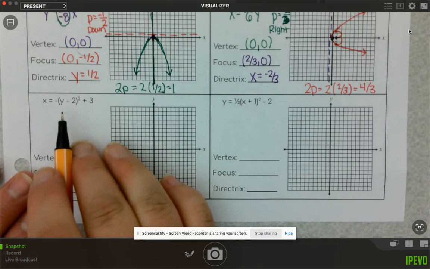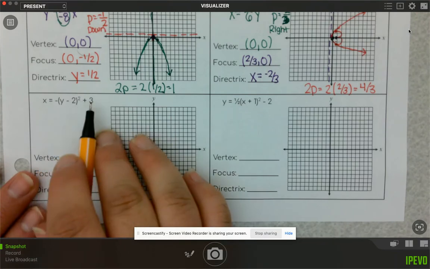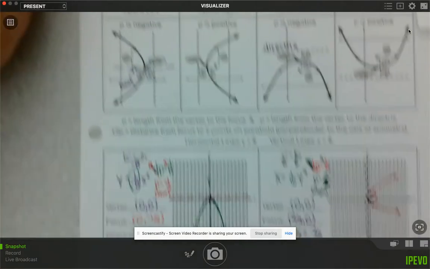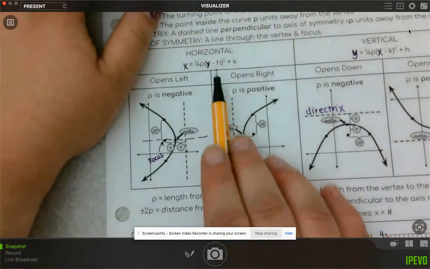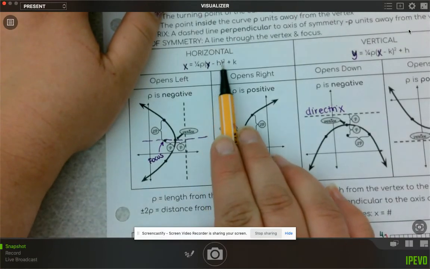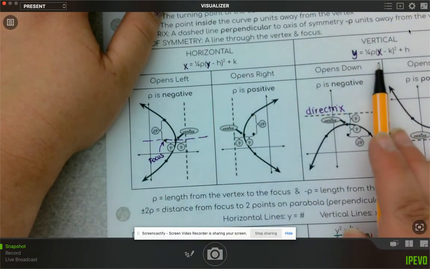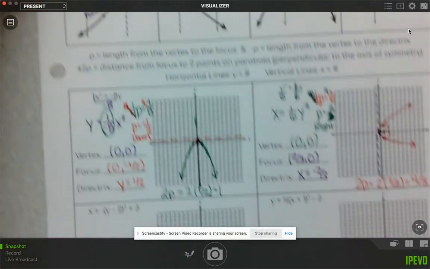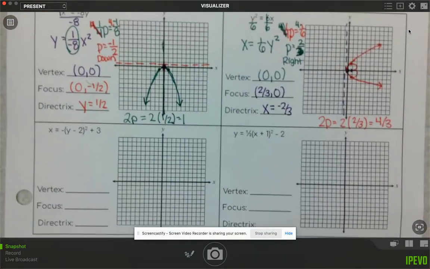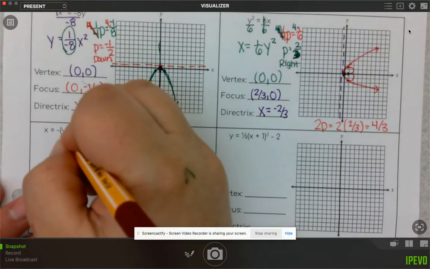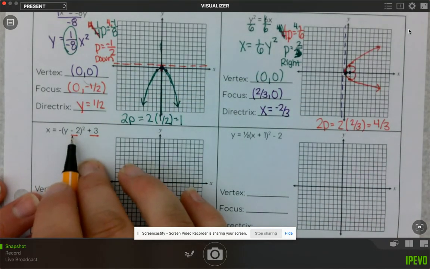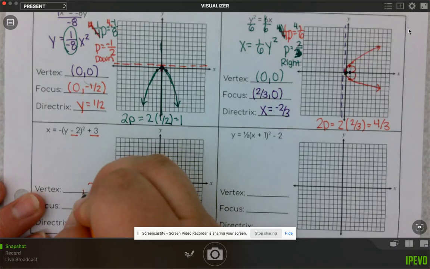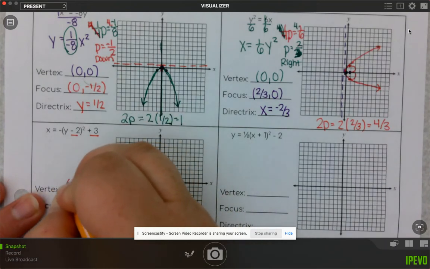The part on the outside never changes signs, but notice how when we switch from horizontal to vertical, or vertical to horizontal, the K and H values kind of flip-flop, okay? So the vertex is still these 2 points, but the one on the inside is actually going with the Y value, and the one on the outside actually goes with the X.